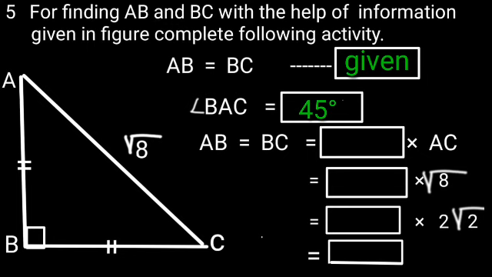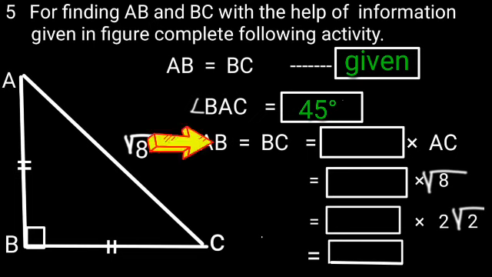Next step, AB is equal to BC, that is 45 and 90 degree angle property. Opposite to the 45 degree angle, the side is 1 upon under root 2 of the hypotenuse.